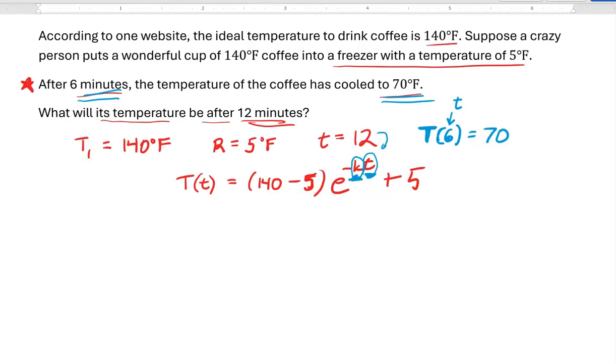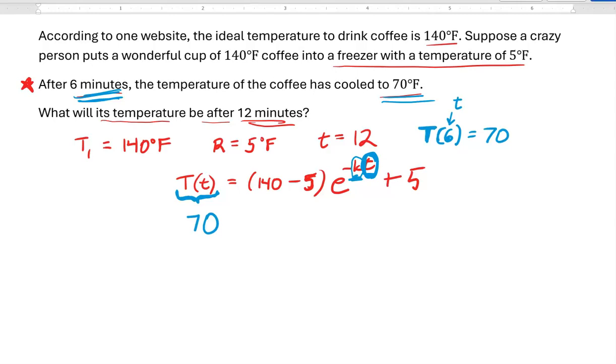So here's how this works. This final temperature after, we're going to start with the 6 minutes. The 6 minute time is 70. Okay, and then we're going to put not 12, not yet, but 6 minutes in for the time.